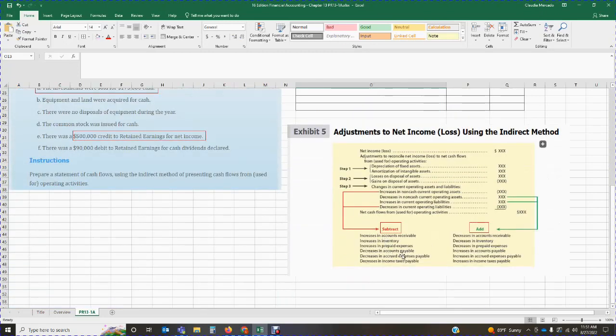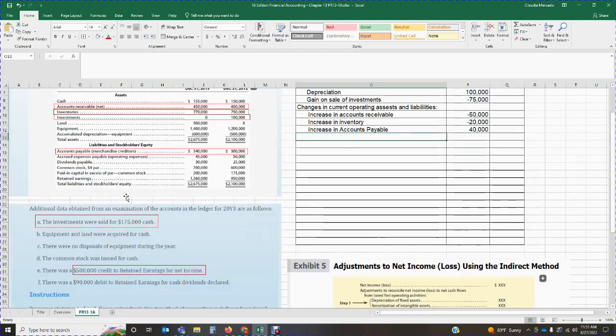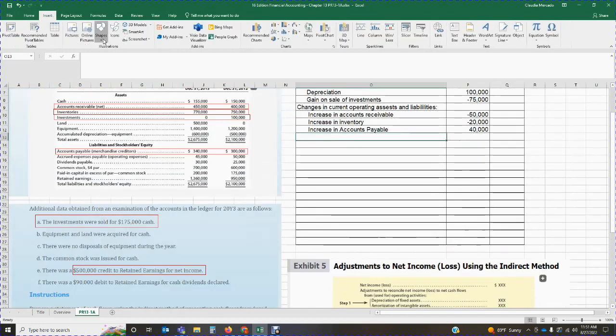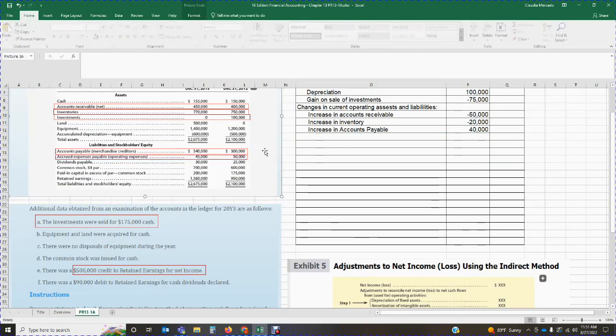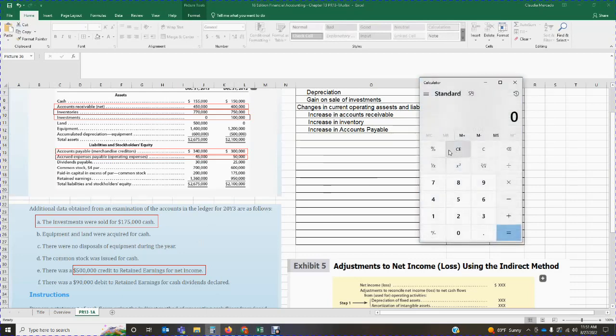The next item we have to look at is our accrued expenses payable. Do we have any accrued expenses payable? Yes, we do. We have one account, right there. My accrued expense payable last year was 50,000. This year it's 45,000. So my accrued expense payable decreased by $5,000.